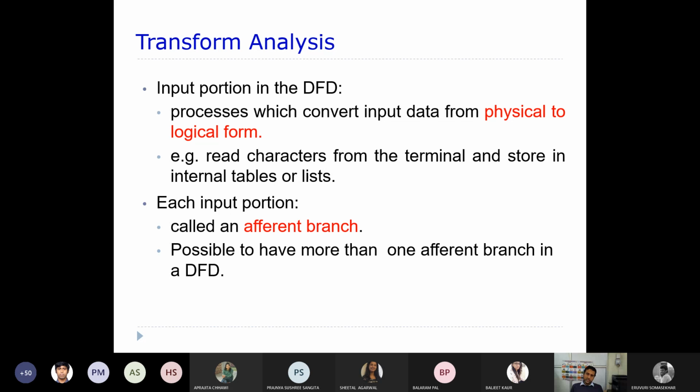After the characters are read from the terminal, they should be stored in a database or tables. So whatever physical input you are getting is converted into a logical form. That is what we do as part of the input portion. This is also sometimes called the afferent branch. Possibly you will have more afferent branches, because you possibly give more inputs to the system.